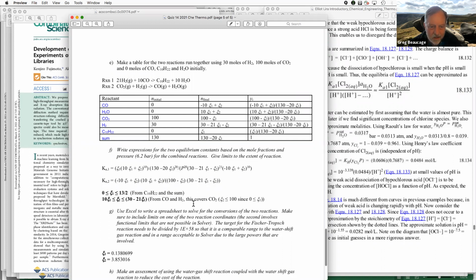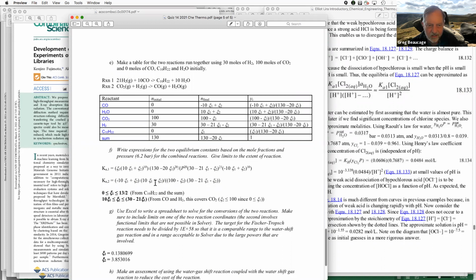The other one comes from, and the same thing applies to H2, right? It's also a factor of 10. And then the H2 is the other one. That's this one. So if you set E2 equals 21 reaction coordinate 1 minus 30, then you can solve that and find that you have 30 minus 21 reaction coordinate 1 for the maximum value.